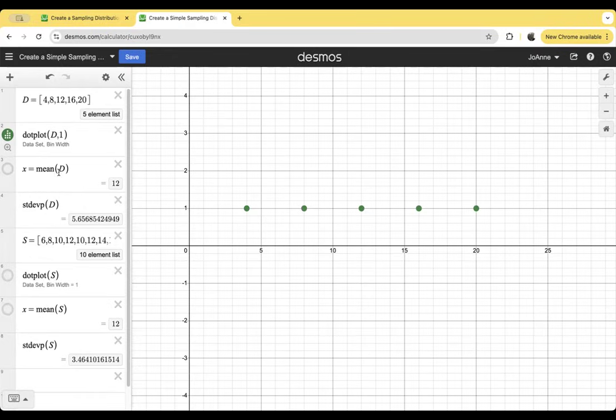Using a Desmos function called mean, I can calculate the mean right here and show it visually. So this vertical line is showing the mean of our population, which is 12. The standard deviation shown here is also 5.6569. So that's how we can use Desmos to visualize the population. We're going to go back and consider sampling from this population.